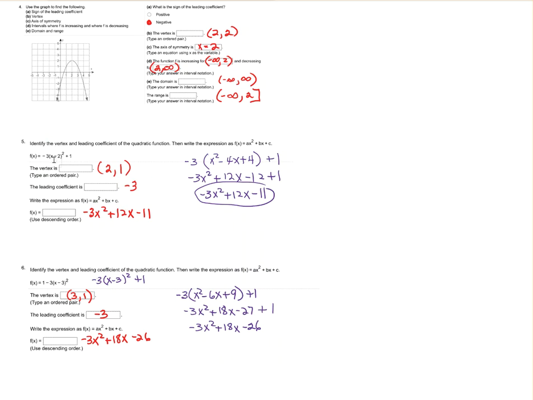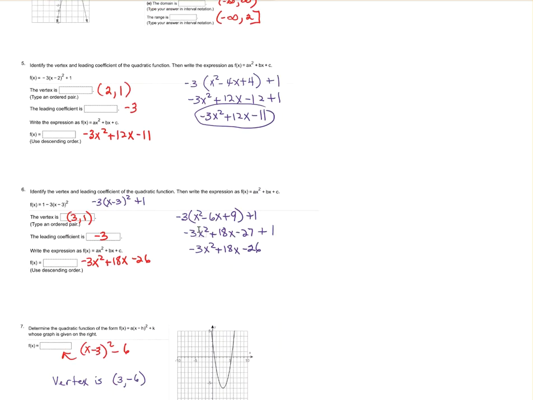So we have to do this squaring here. So negative 3 times, and if you square x minus 2, you get this. Then I'm going to multiply negative 3 by each of those, and then I'm going to take negative 12 and add 1 to it, and I get negative 11. So there's that answer.